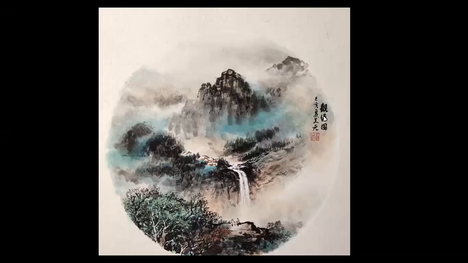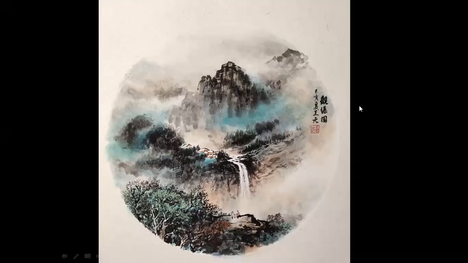Let's go back to the screen. I will show you one by one all these different paintings. Let's see what they have in common. What element do we see almost in every piece of painting?